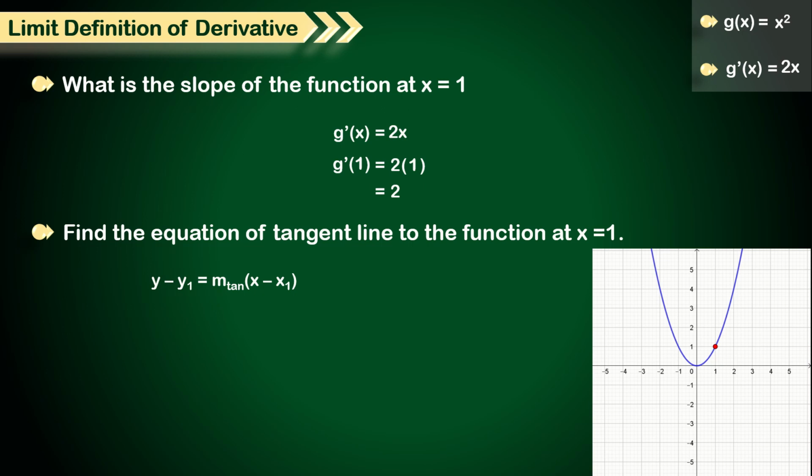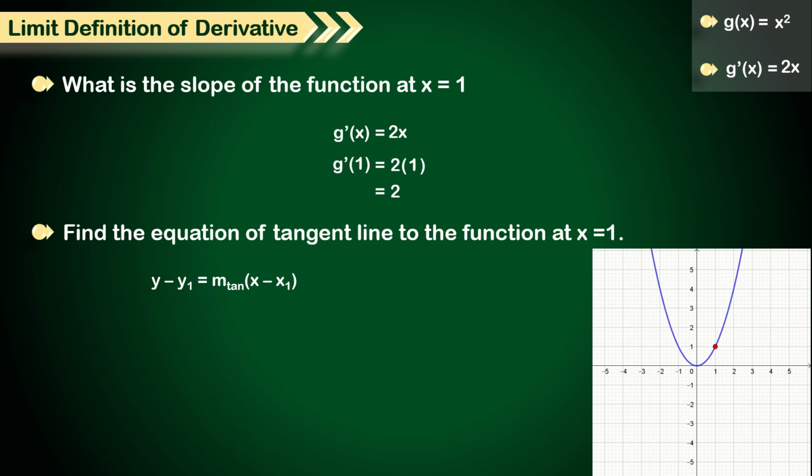Point-slope form is y minus the y-coordinate is equal to the slope multiplied to x minus the x-coordinate. In our example, the slope and x-coordinate are known. To use this form, we need the y-coordinate.